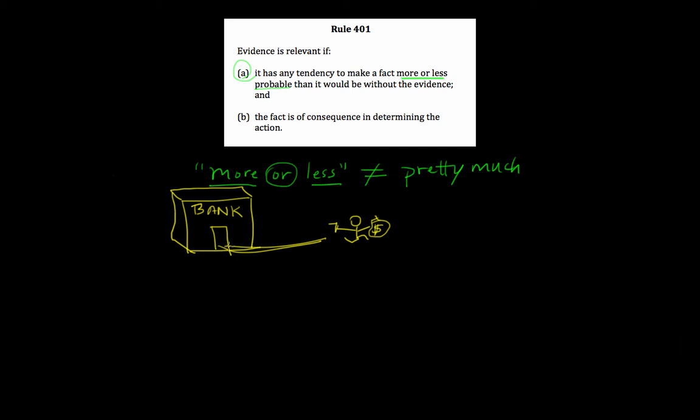And what we want to know is whether the defendant was the one who did it. So there's a defendant on trial, and what we want to know is whether the defendant was in fact the bank robber. Now let's say that the defendant owns a white car, and there's a witness for the prosecution who testifies that she saw the robber drive away in a white car. So this robber here got into a white car.